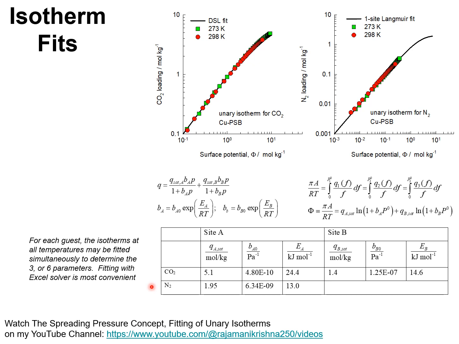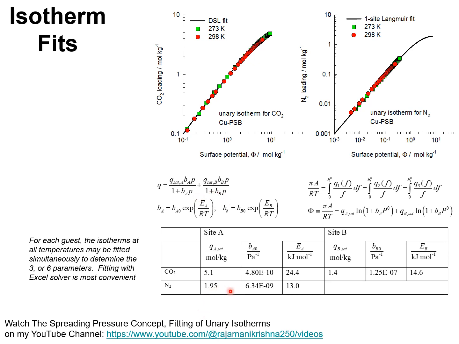And this philosophy is based on the concept that you do not complicate things beyond necessity. If the simplest model works, use the simplest model. Only increase the degree of complexity if the data demands it. Accordingly, I fit the nitrogen isotherms with a single site Langmuir model and the CO2 isotherms with a dual site Langmuir model.